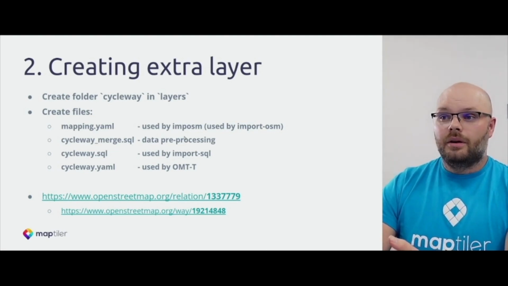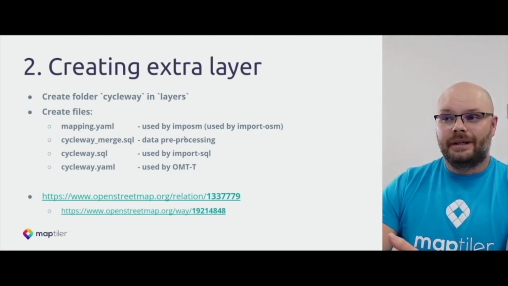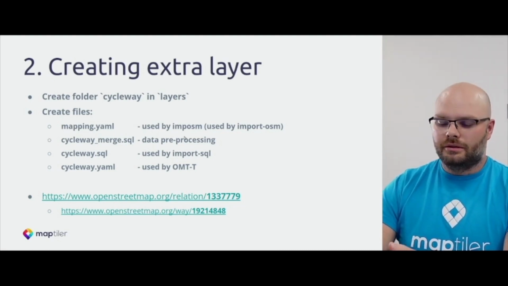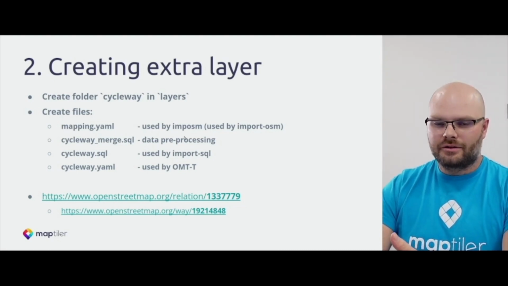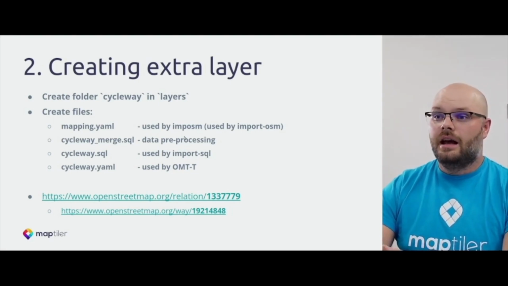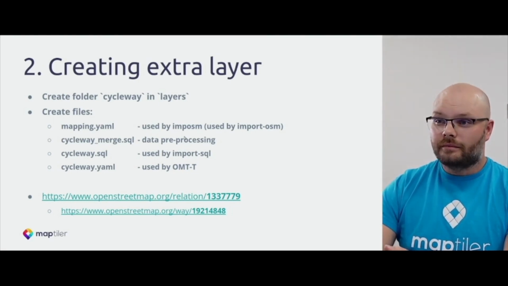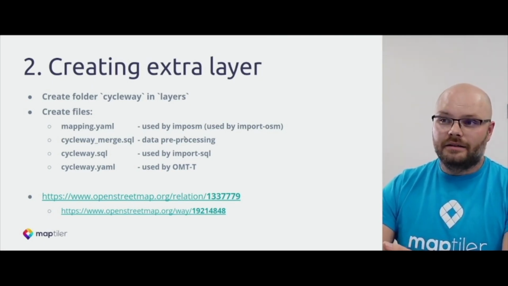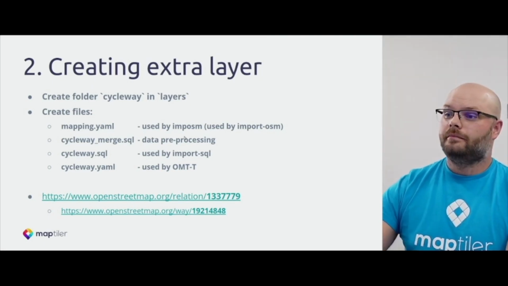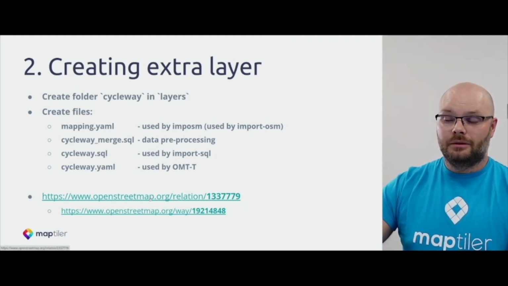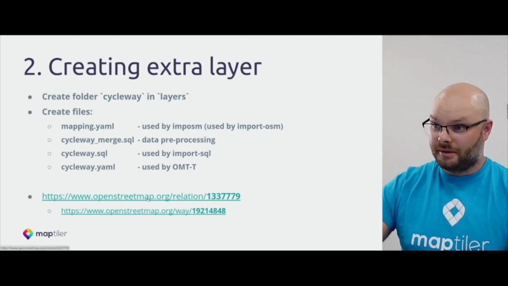Then we will create cycleway.sql, where the main function is which will be used to create vector tiles. And the last one is cycleway.yaml, where the configuration is defined. Now I would like to show you how a cycleway looks in OpenStreetMap.